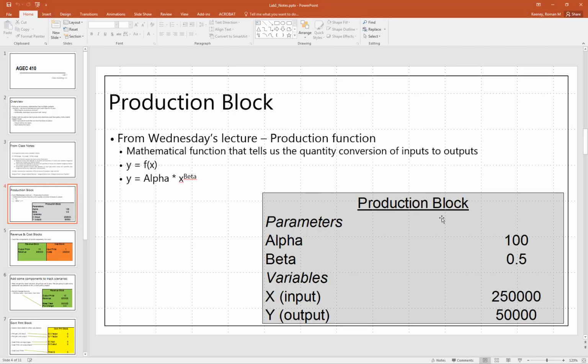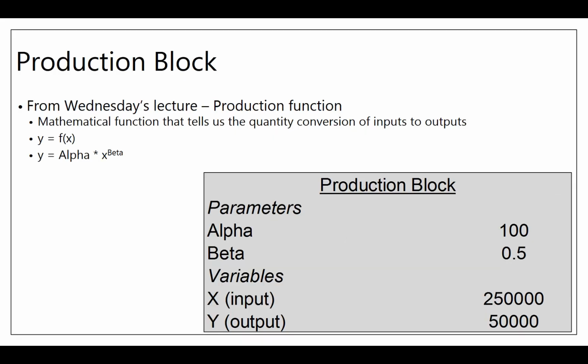And then over here we have something a little more complicated that I'll get to as we get there in the notes. So we start this off with a production block. In the most recent lecture we just wrote f of x as the production function. It tells us the quantity conversion: if you take this much input, run it through your technical process, how much output do you get? So here I have y equal to f of x, but we can't get by with this generic f of x.